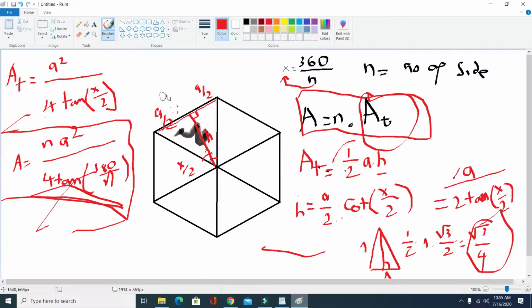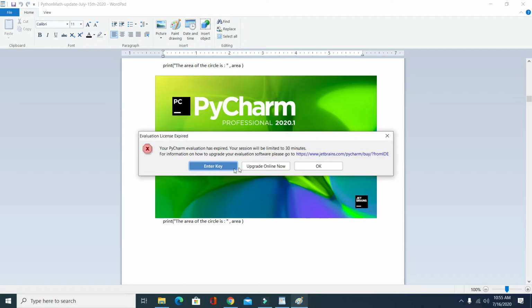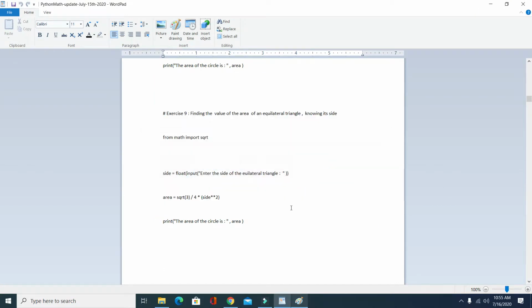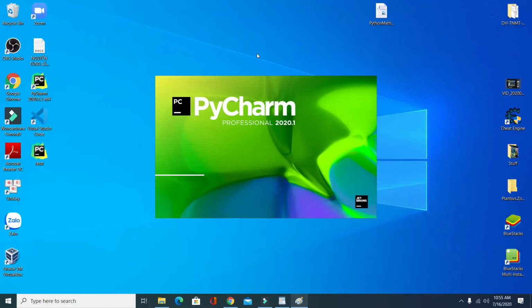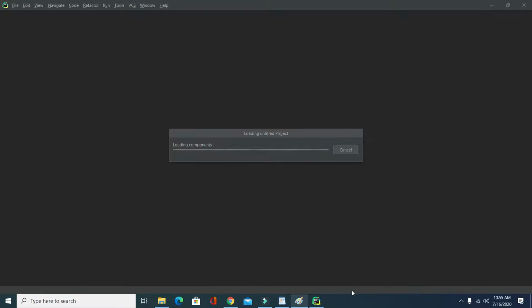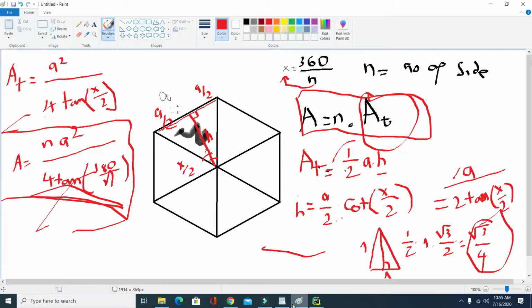Yeah, I think this formula is correct because we derived it from a general case, so I think it's not wrong.